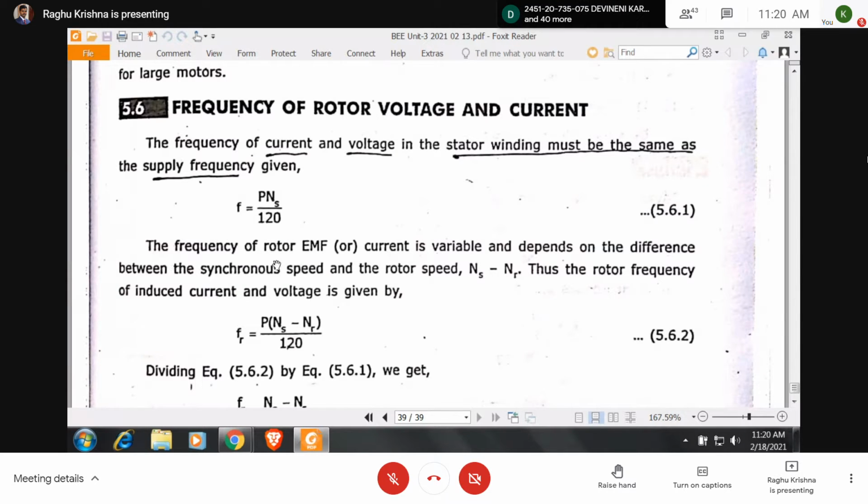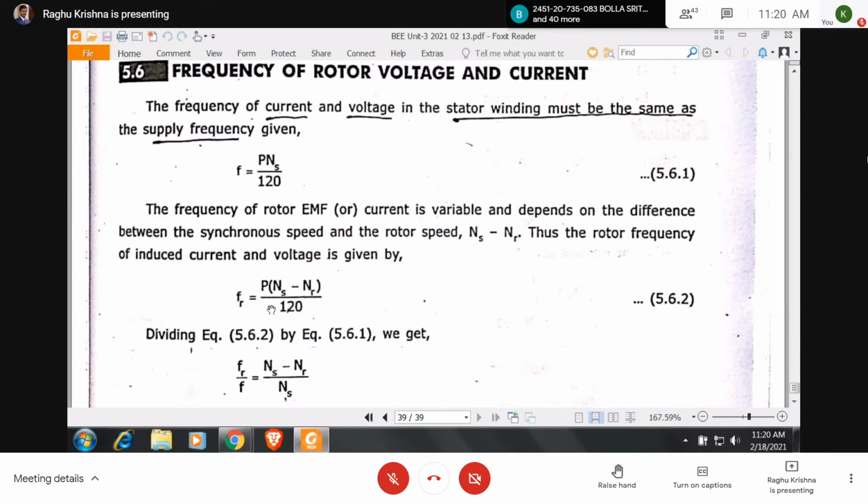The frequency of the rotor EMF or current is variable and depends on the difference between the synchronous speed and the rotor speed, that is Ns minus Nr. Thus, the rotor frequency of the induced current and voltage is given by Fr equal to P, instead of Ns we take Ns minus Nr, by 120.